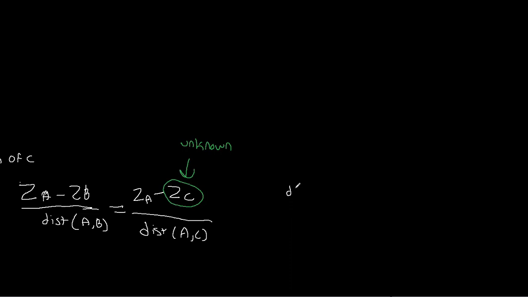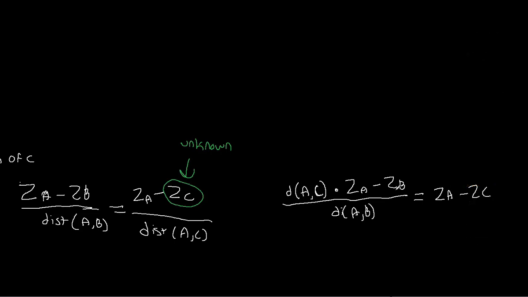I'm going to abbreviate it here as DAC, the distance between A and C, times the value at A minus the value at B divided by the distance between A and B. Again, I'm just abbreviating distance with D so that the equation doesn't get too cluttered. This equals ZA minus ZC.